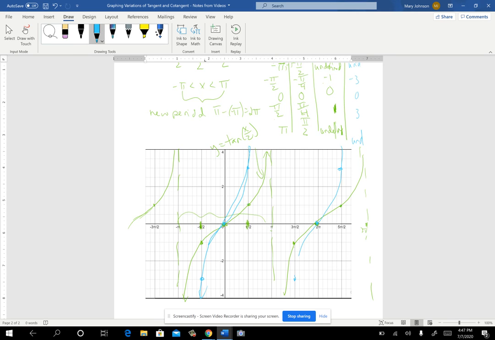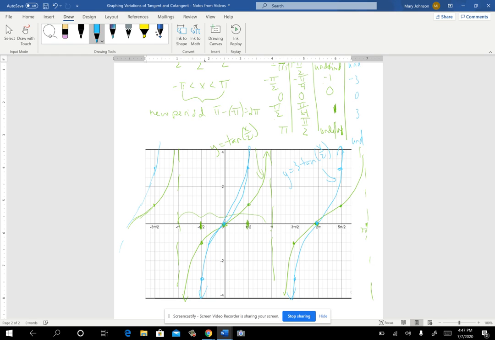So just a little bit steeper. It's really kind of hard to see the difference in reality. And then this would also be up here at 3 coming in. And there'd be more if we saw it. So what you see in blue, that's y equals 3 tangent of x over 2.